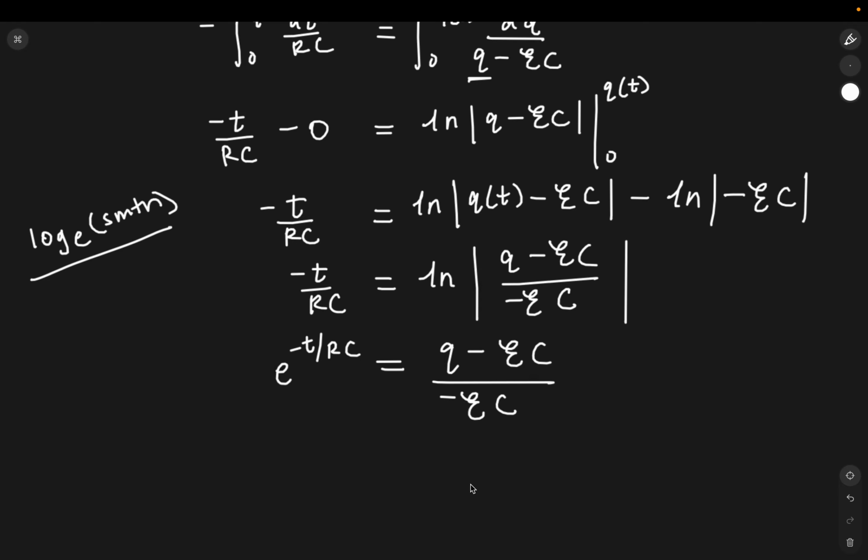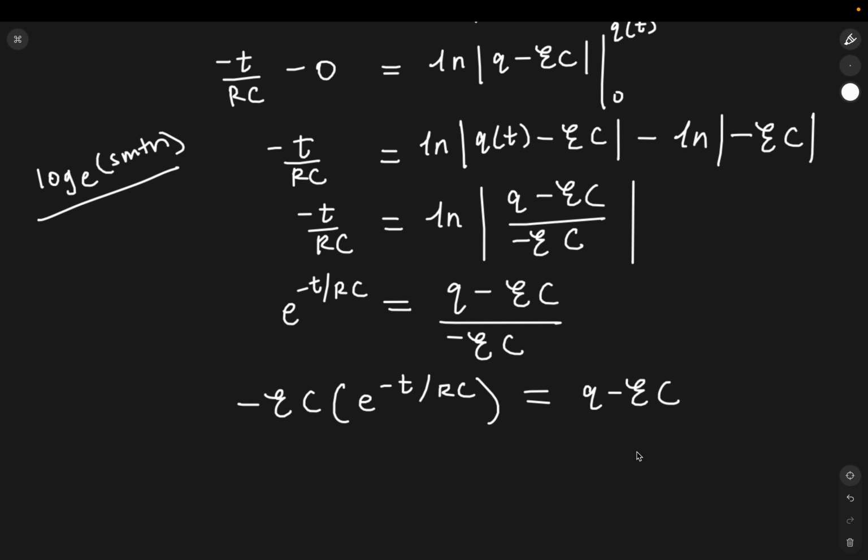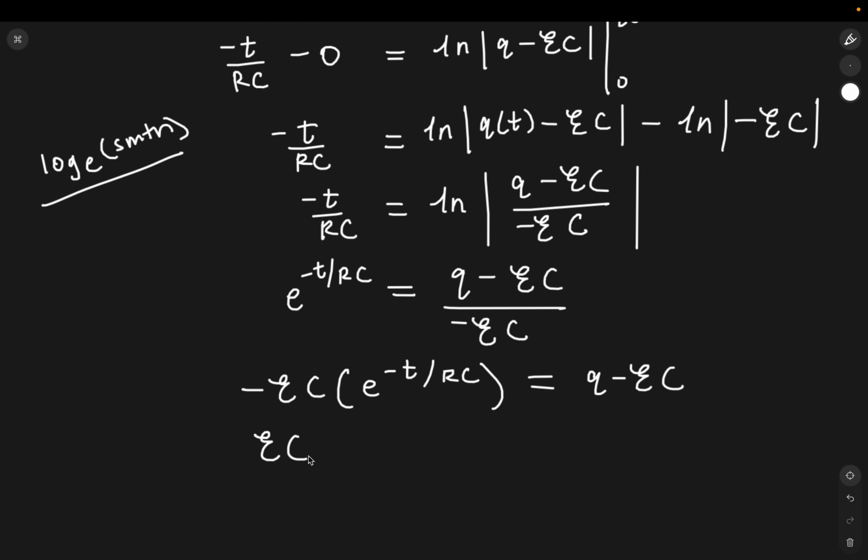Now, pretty much smooth sailing from here. We just have to simplify this. So multiply both sides by electromotive force times C. Isolate our variable q, which, reminder, is what we're solving for.